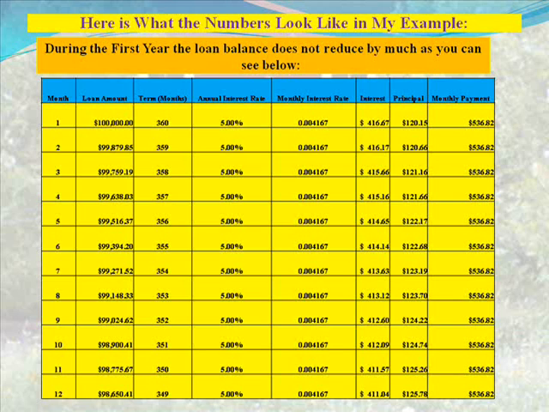During the first year, the loan balance does not reduce by much, as you can see below. See where in month 1, in the first row, the loan amount is at $100,000, and in the 12th month, the loan amount is $98,650.41.